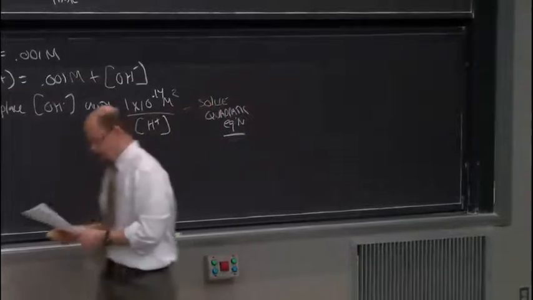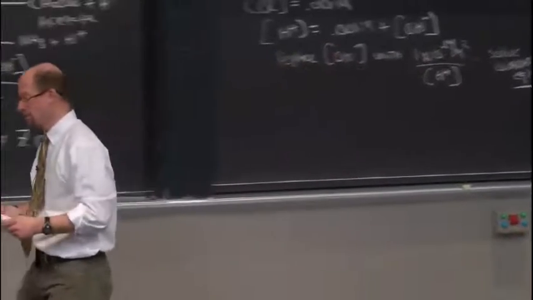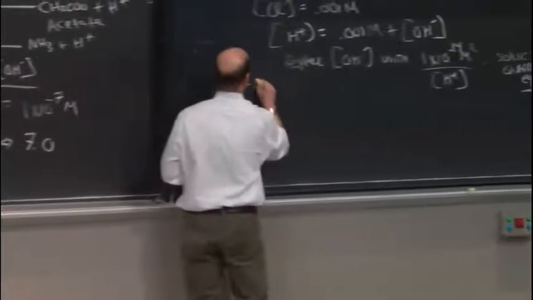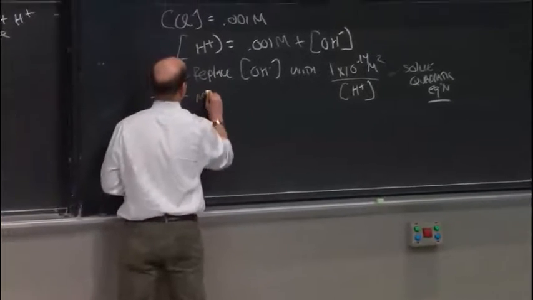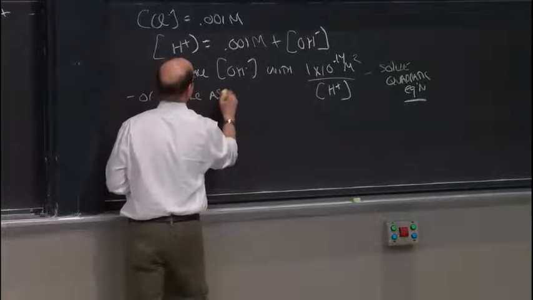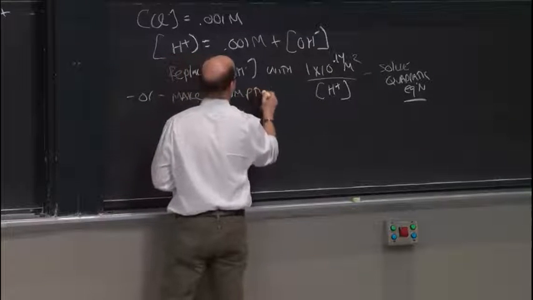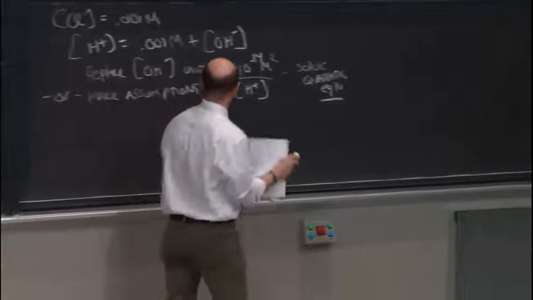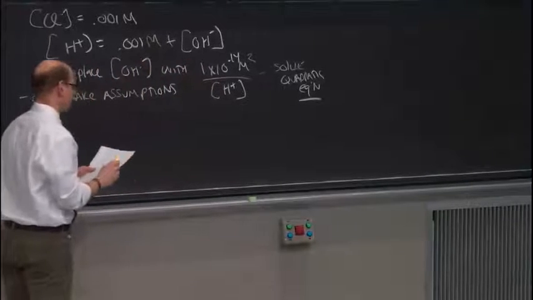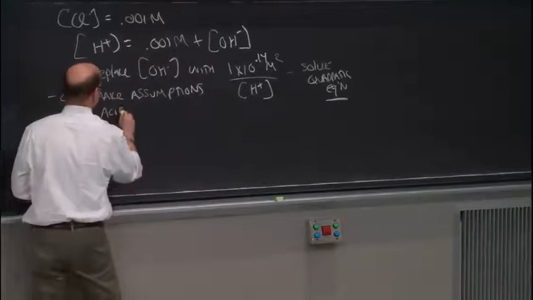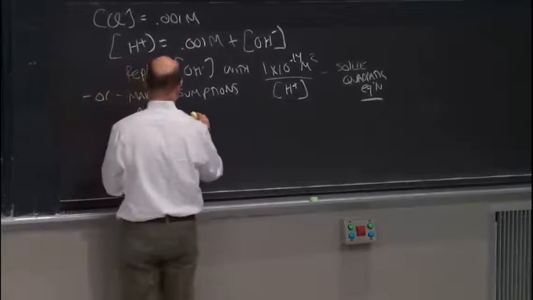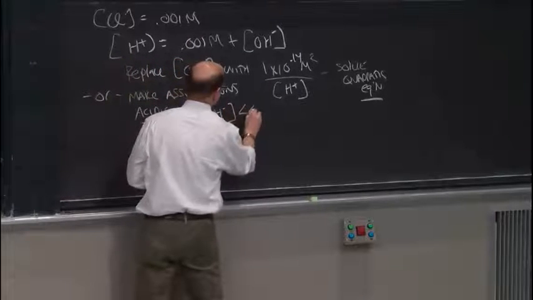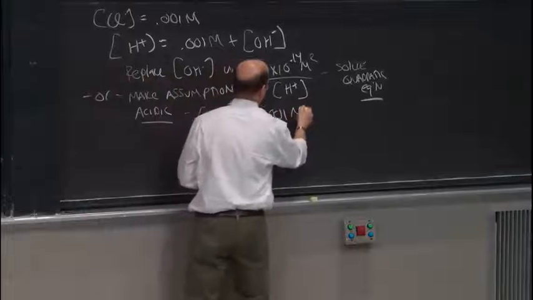And I could solve the quadratic. Or I could just make some reasonable assumptions. I can assume, for example, that since it's an acidic solution, then clearly you would agree that the concentration of OH minus is a lot less than 0.001 molar, right?